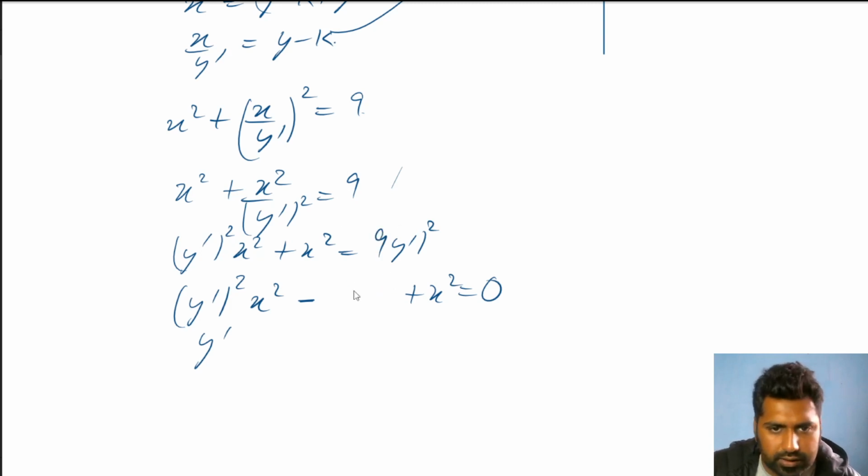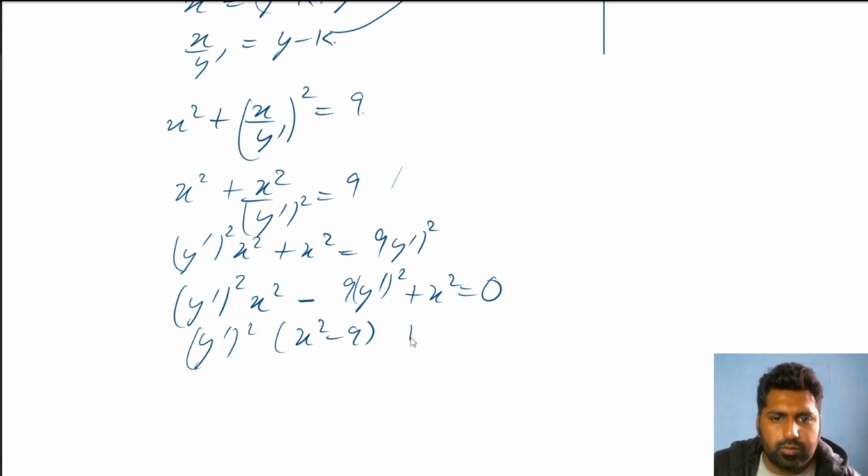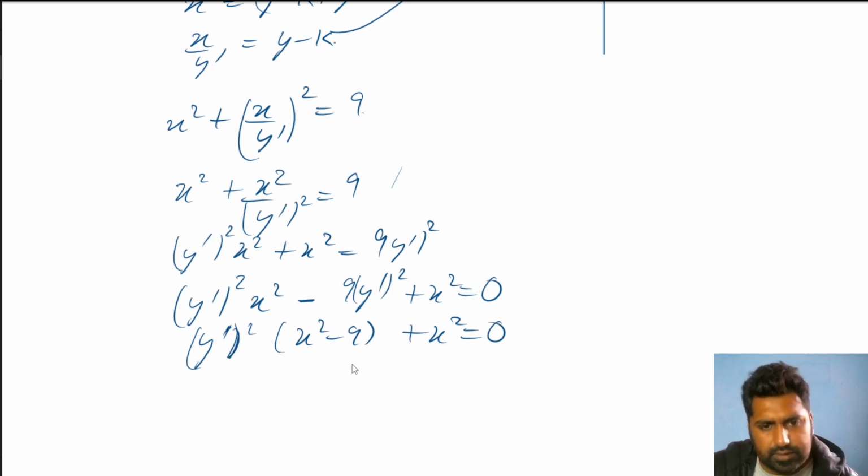So y dash square, if I take it common, I get y dash square times x square minus 9, plus x square equal to 0. You can generate y dash square or y dash from it. This could be the answer.